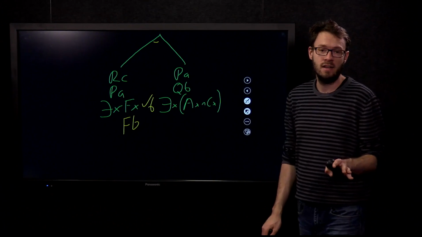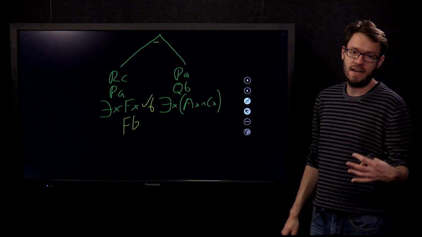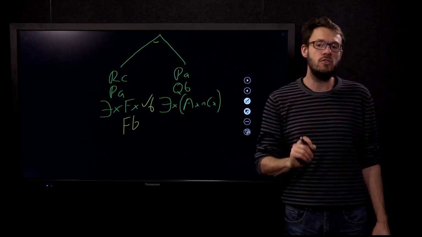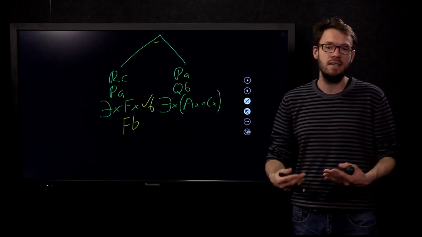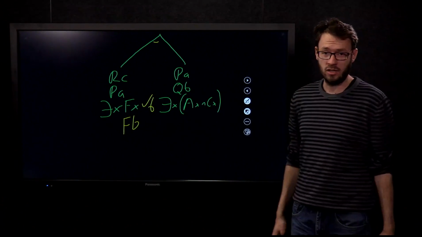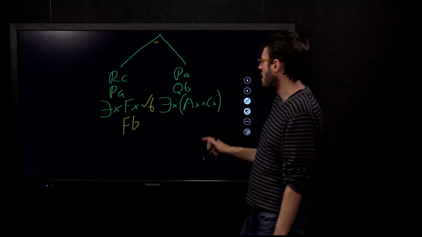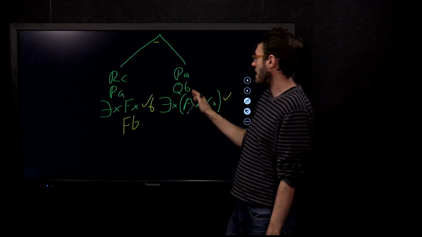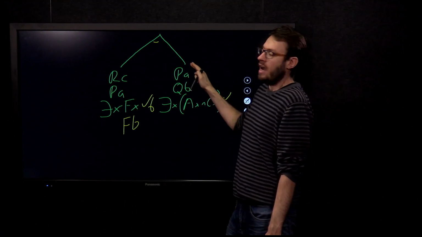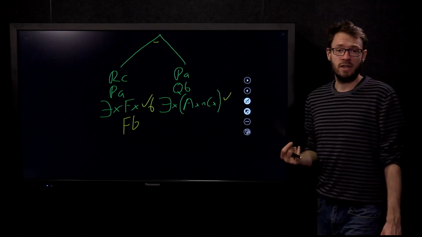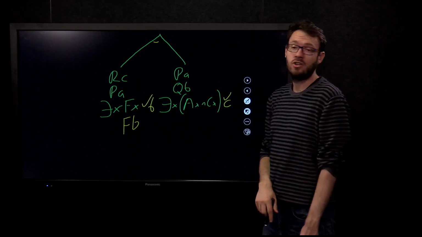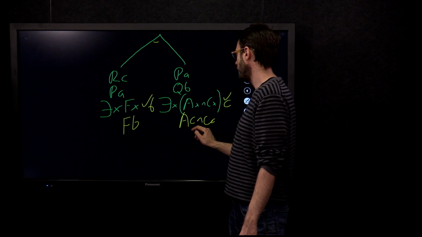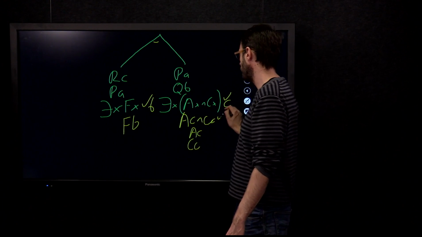And that's okay. As long as I don't use A or C, that's fine, even though B appears over on this branch. The restriction to using the first unused name only applies to the particular branch that the existential appears on. So over here, I look at this and I want to get rid of this quantifier, and I see that I've used A on this branch, I've used B on this branch, but I haven't used lowercase c, and so what I'm going to do is substitute in the C and get AC, CC, then AC, CC, right?